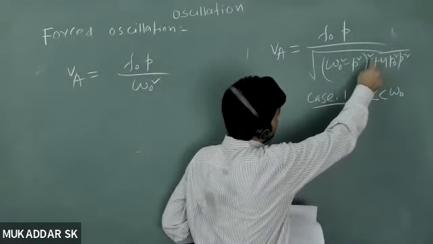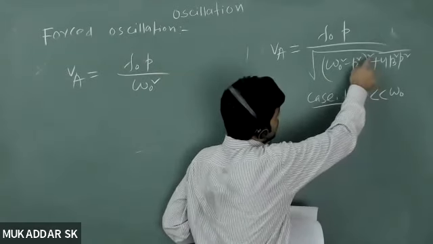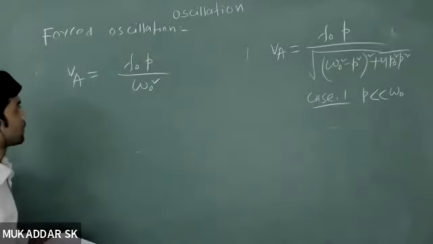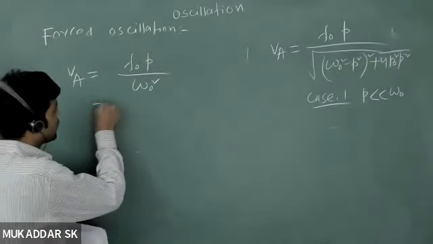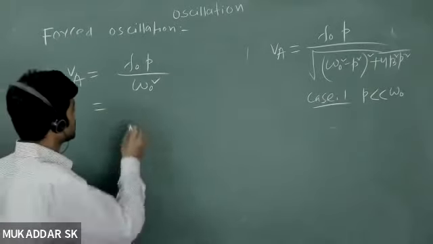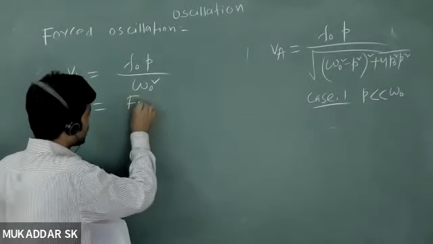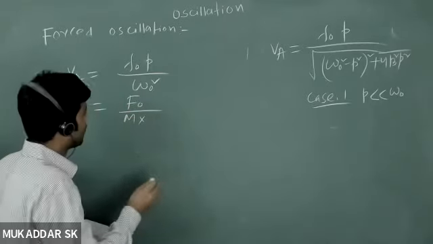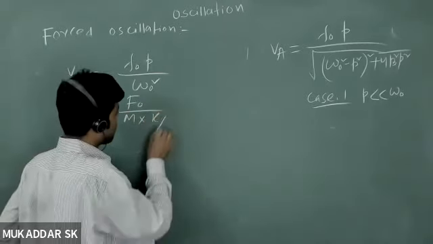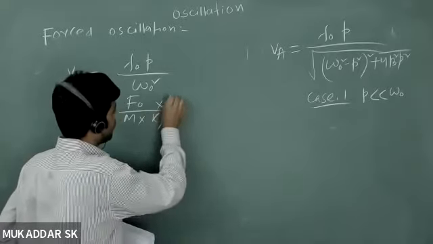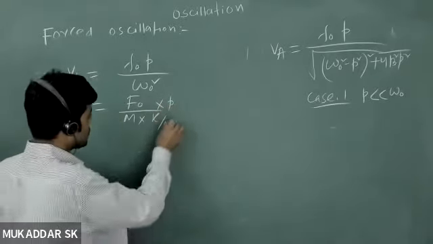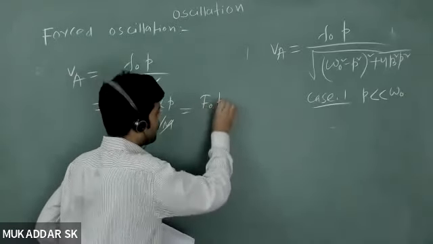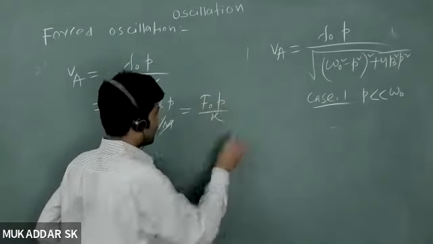If you bring it outside of the square root, this square will be gone and you will have omega naught square, right? In that scenario, f naught is basically capital F naught by m, and omega naught square is k by m, and you have p also. So this m will be cancelled, and you will get capital F naught p by k, right?